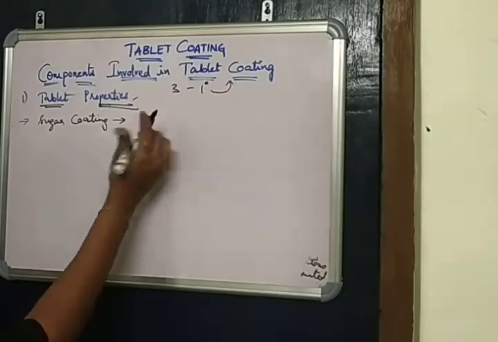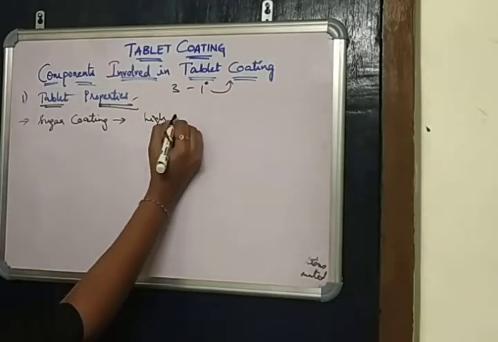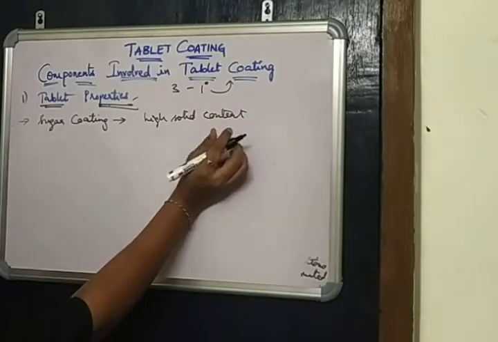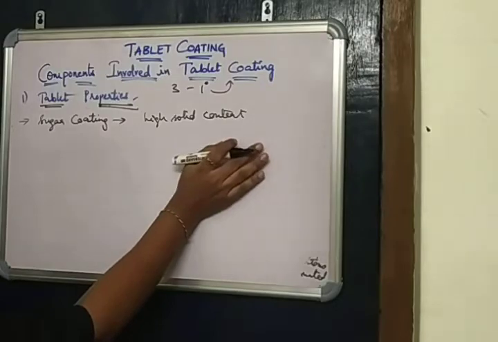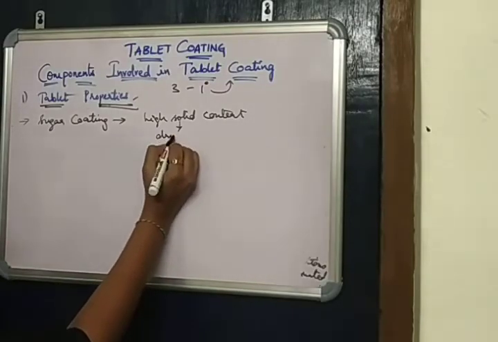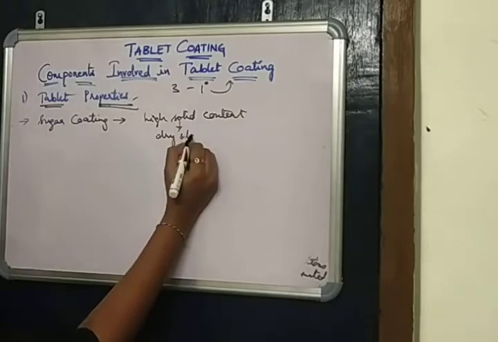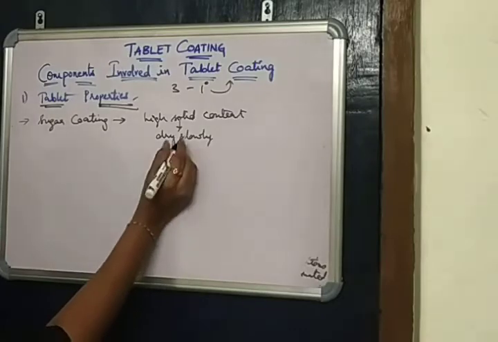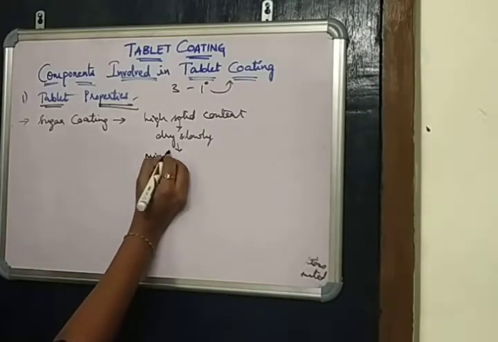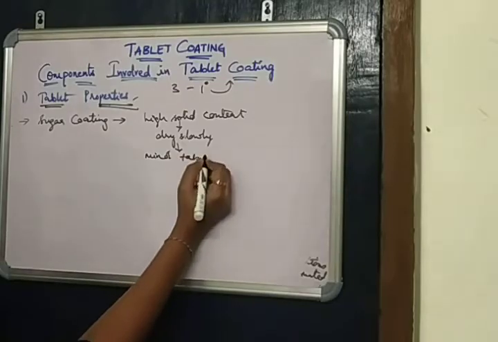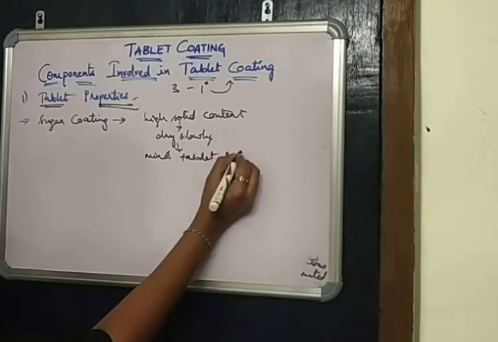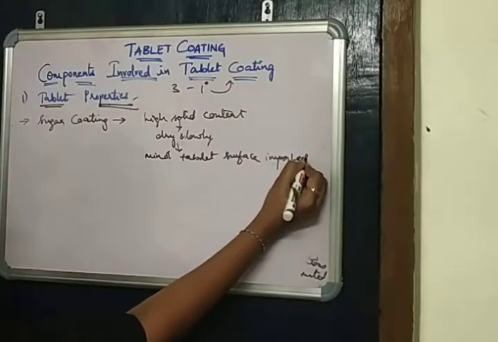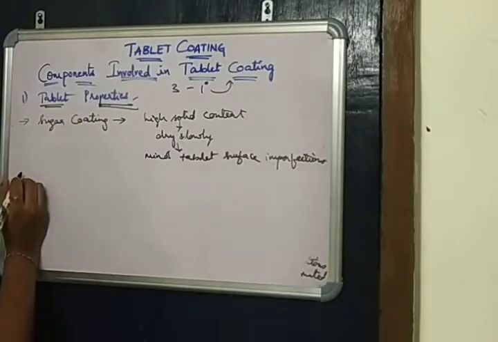In sugar coating, with their high solid content, the coatings dry more slowly and can fill many minor tablet surface imperfections during the early stage of the coating process.